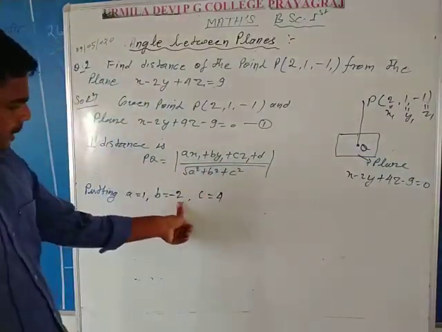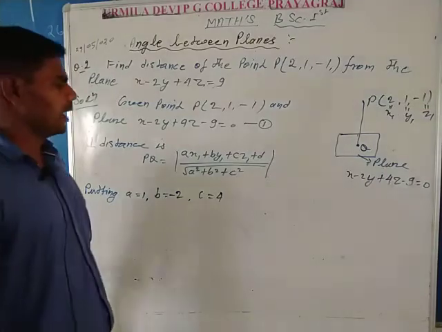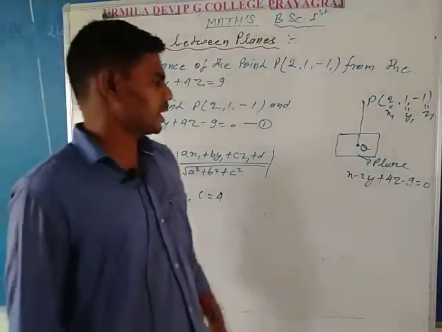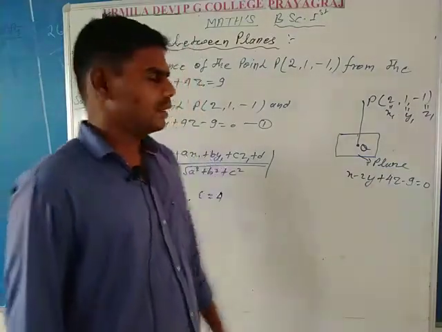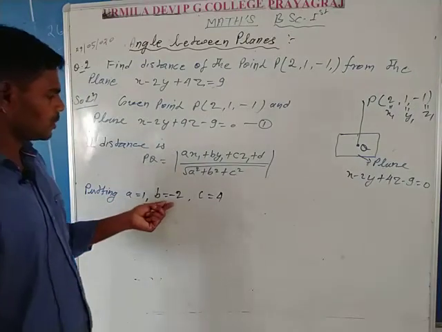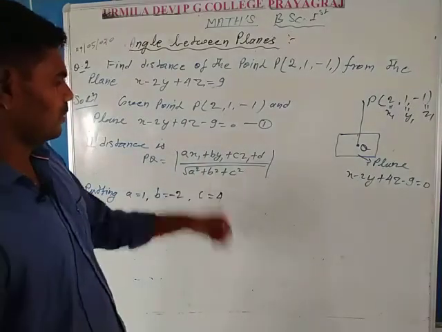Therefore you can easily find the values of small a, b, c from the given plane equation. These are the coefficients of x, y and z, which are a is equal to 1, b is equal to minus 2 and c is equal to 4.